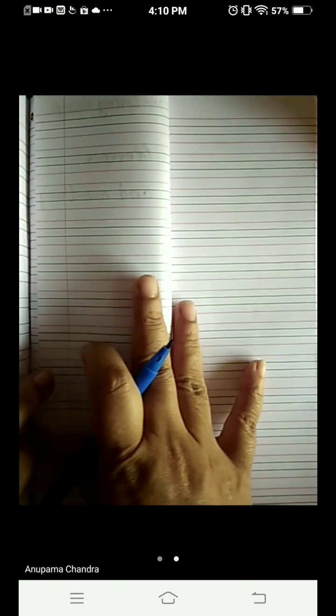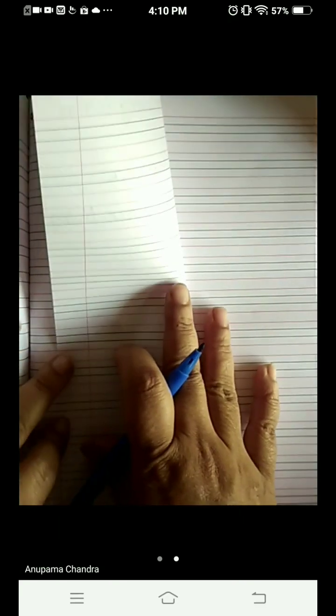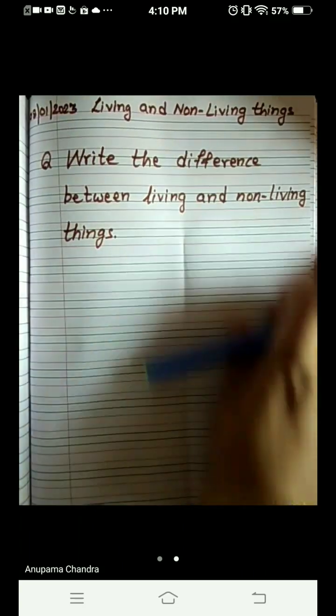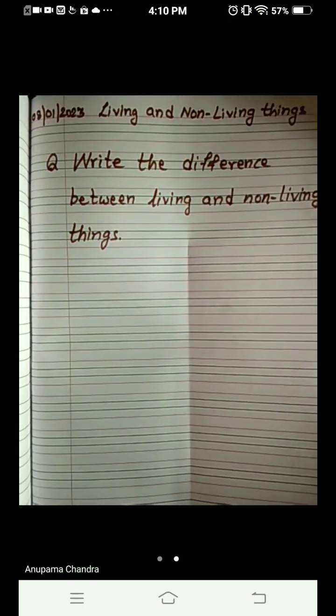So for this you have to divide your page like this. Okay, then draw the line here.